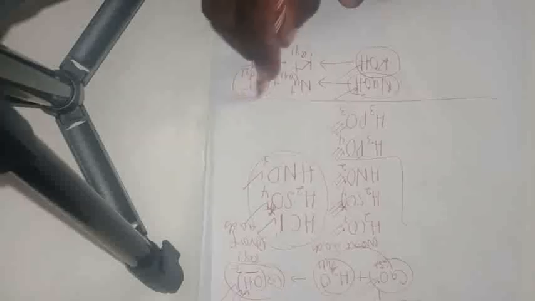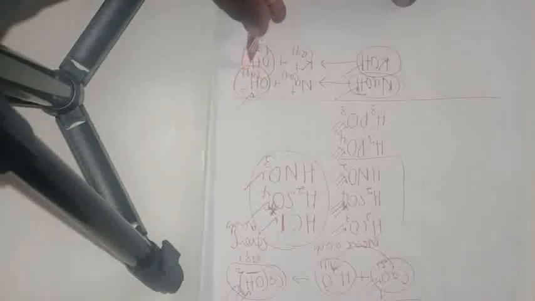So I have aqueous, then aqueous. Sodium hydroxide and potassium hydroxide, caustic soda and caustic potash, are strong bases. Why? When they get ionized, dissociated or decomposed, they give rise to a higher concentration of hydroxide ions.